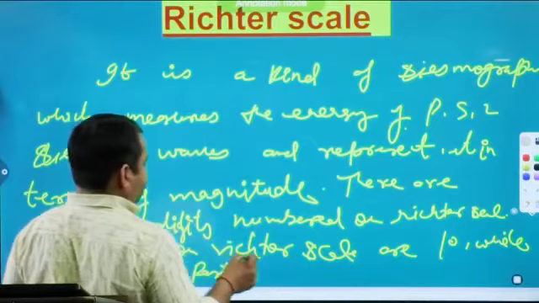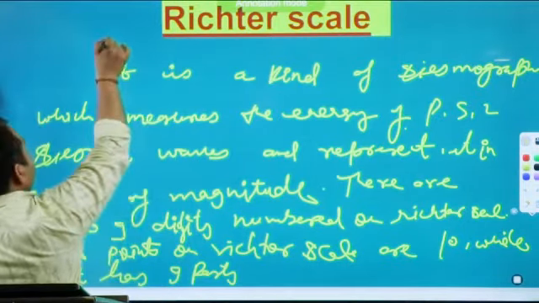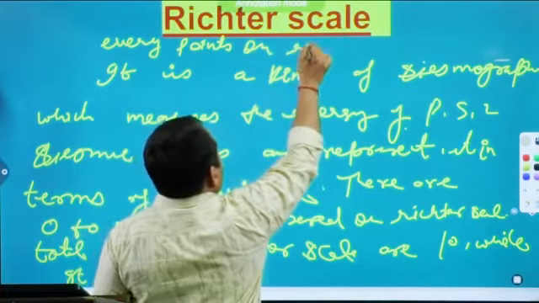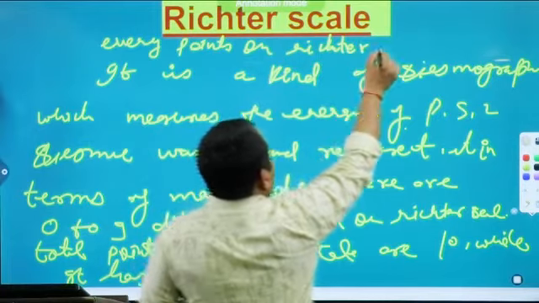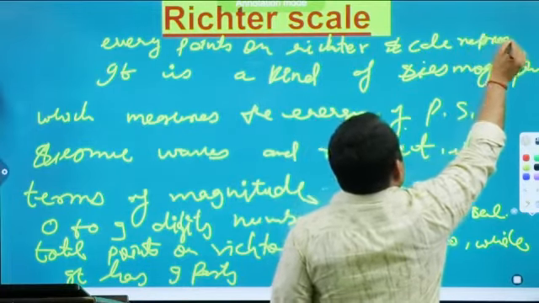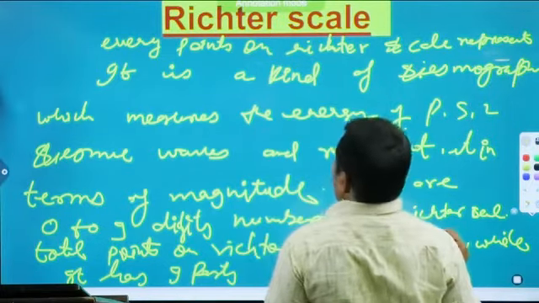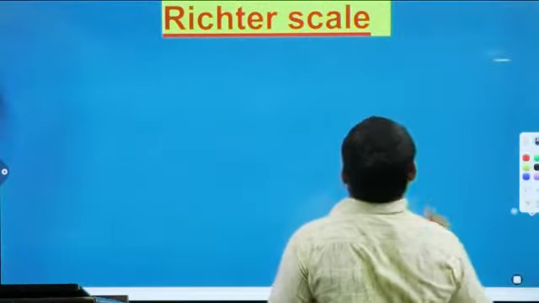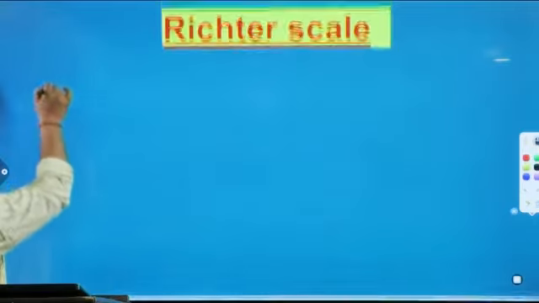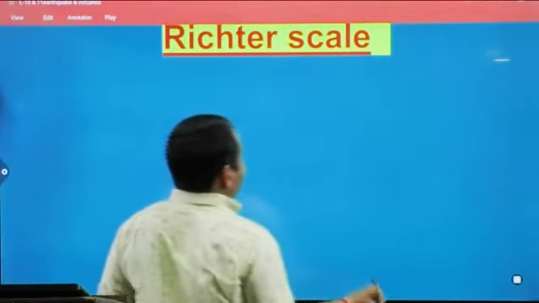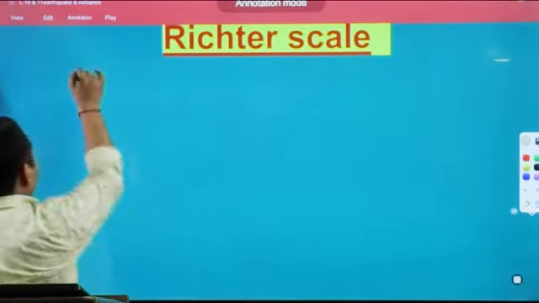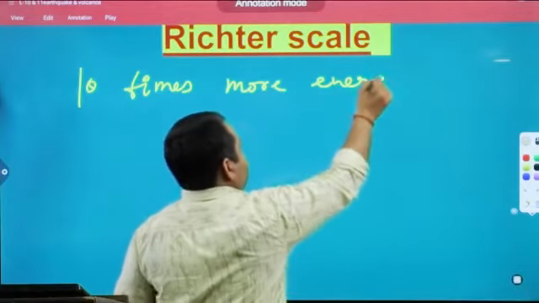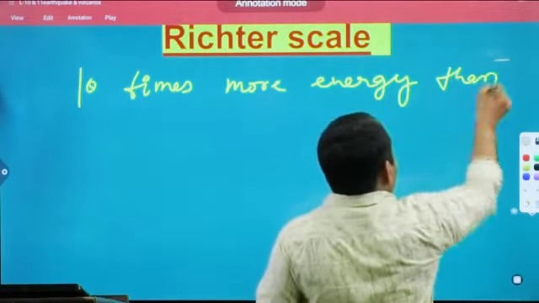Every point, I am writing here, every point on the Richter scale represents 10 times more energy than the earlier one.